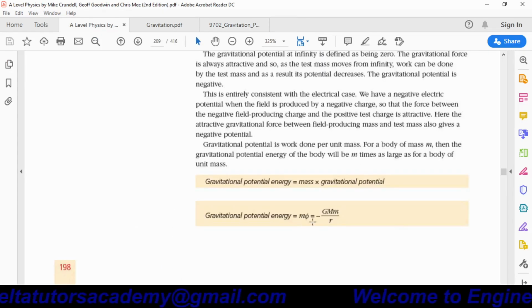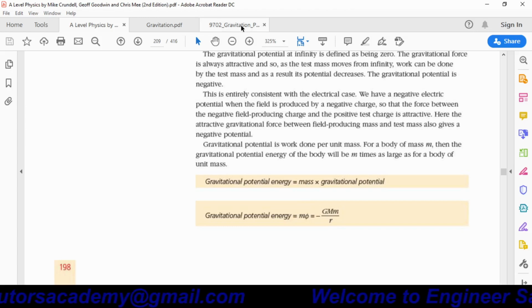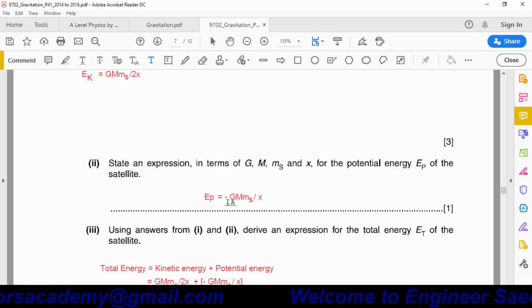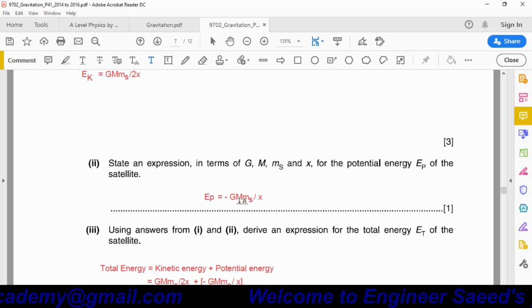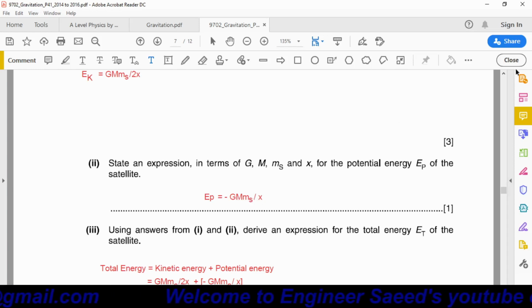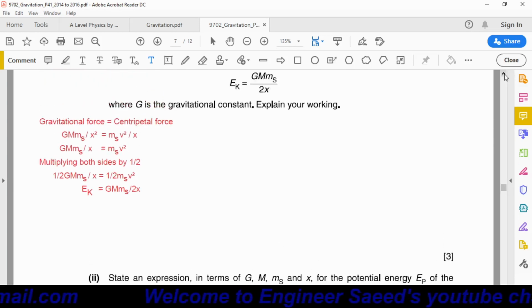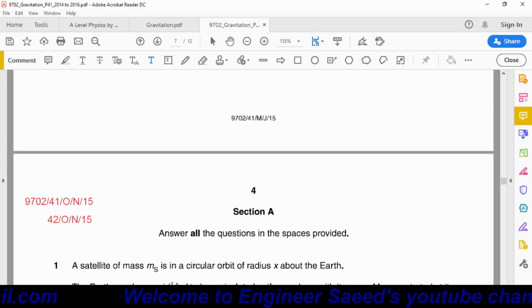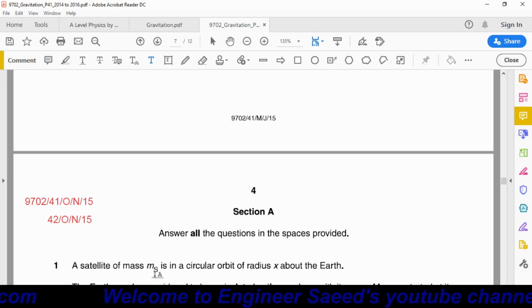Potential energy is given as minus G M m over r. This M is the mass of Earth. In place of small m, we have written small ms, the mass of the satellite, because it is mentioned here that for the mass of the satellite we have to consider ms.